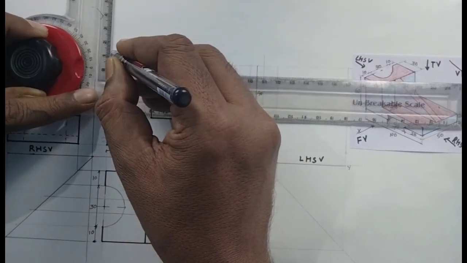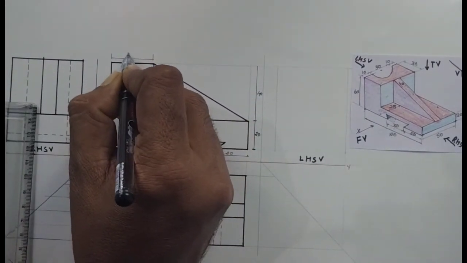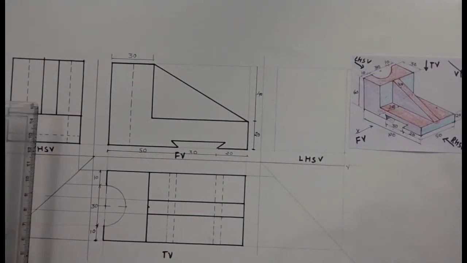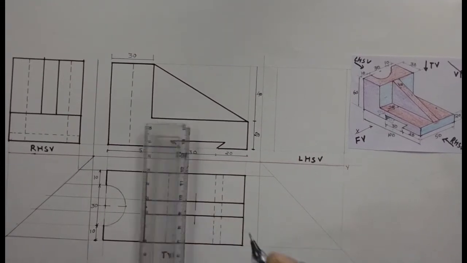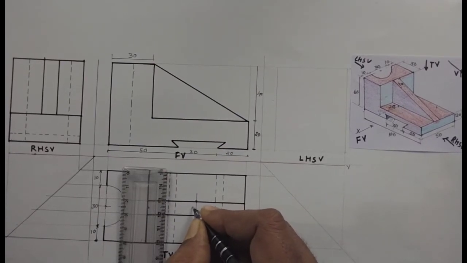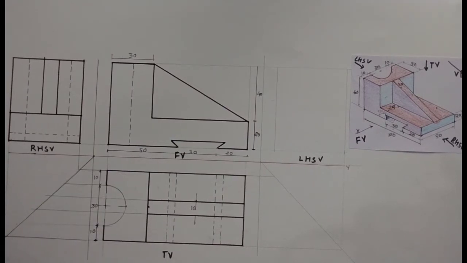You can show it with a small dimension line, 30 mm. Similarly, the dimension of the rib you can show here with 10 mm. So the maximum dimensions are covered inside your plan and elevation.